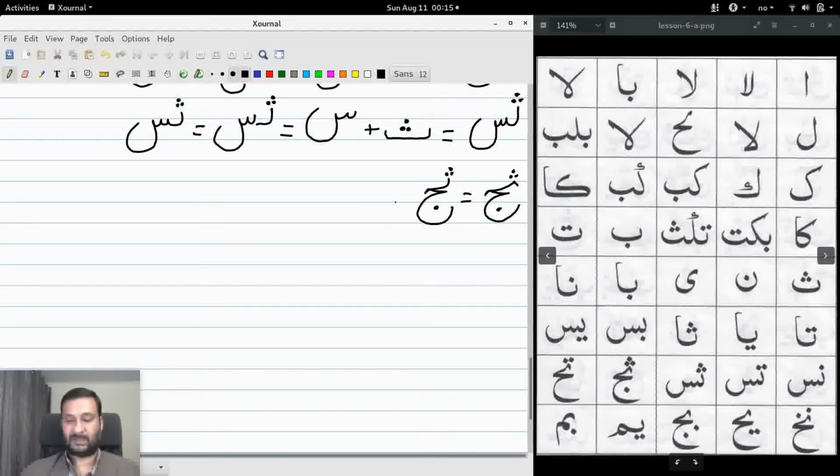All right, so let's break it down. This is made up of the letters tha and jim, like so. So when tha is in the beginning of the word, of course it normally takes this form, right? That's what we covered here.